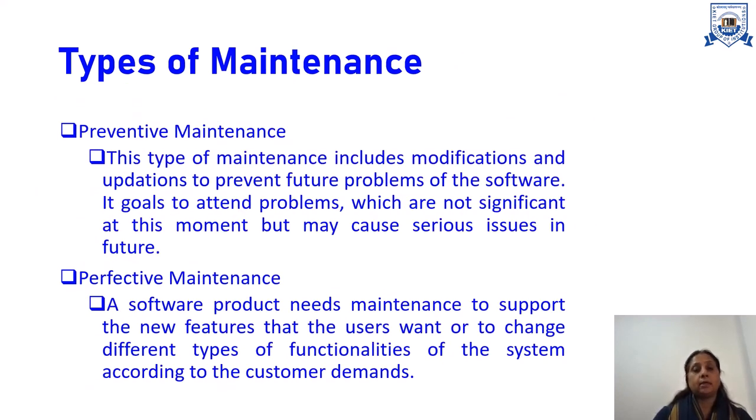Preventive maintenance. Preventive maintenance means we consider the future prospects also. For example, I have developed one website in which 100 people can visit at a time. Right? Our website is working perfectly with 100 people. Suddenly there is a rise in the visitors to our website.